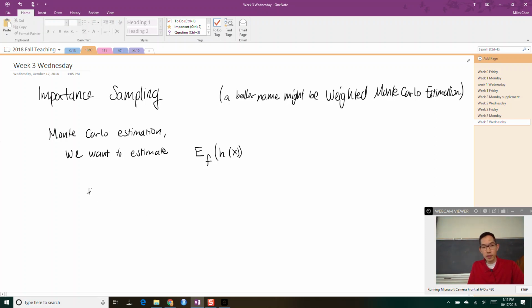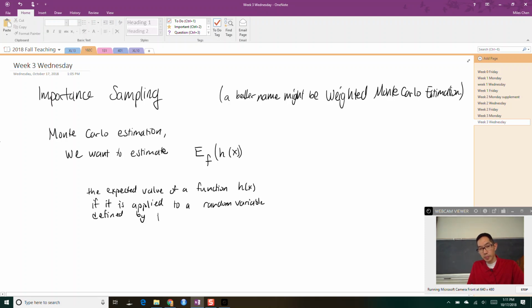So this is the expected value of a function h of x if it is applied to a random variable defined by PDF f.